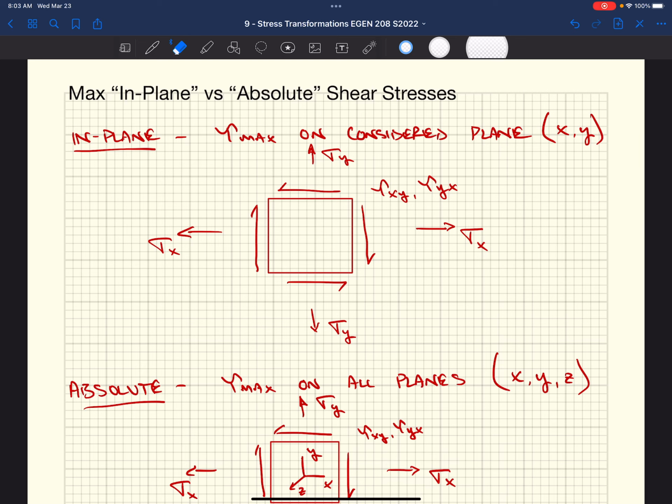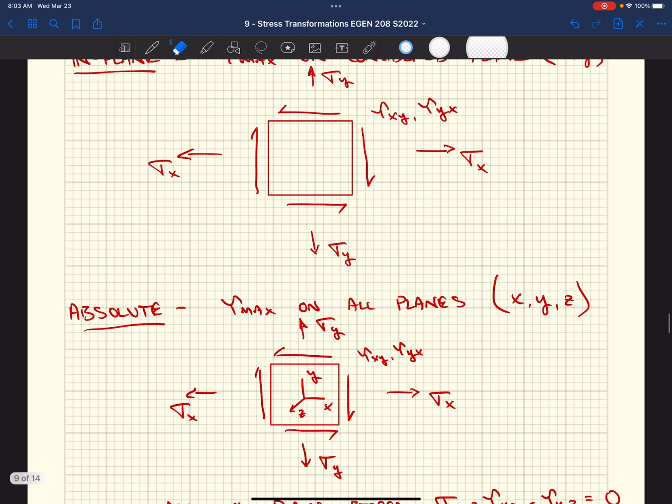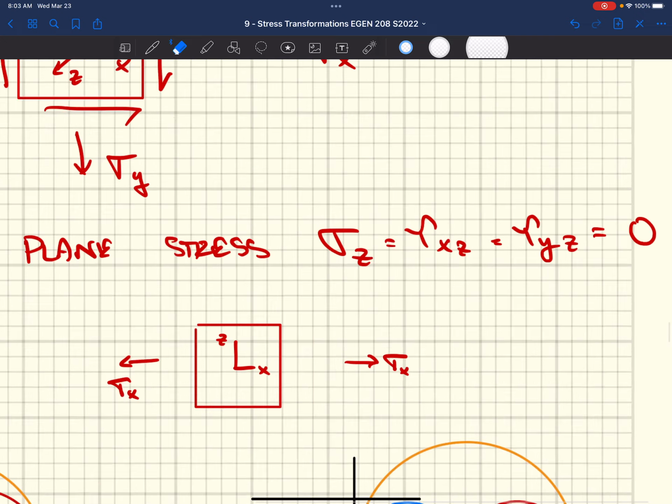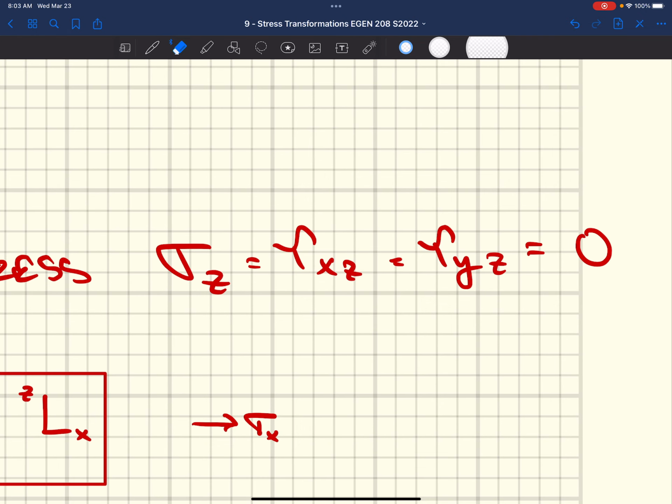A plane stress condition is that we really are only looking at one plane in our material because we're assuming that in the third dimension, our z dimension, our stresses are 0. Sigma z, tau xz, and tau yz, or tau zx and tau zy are all 0.